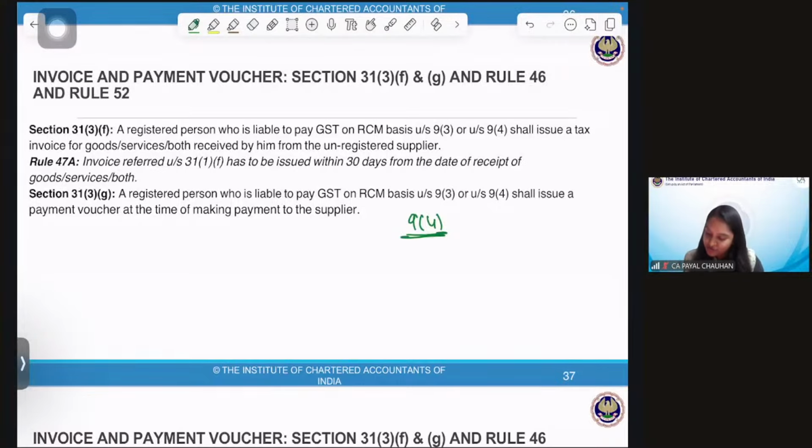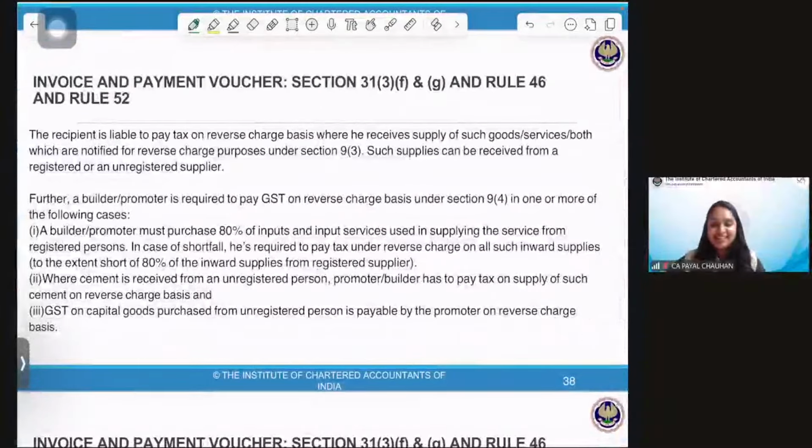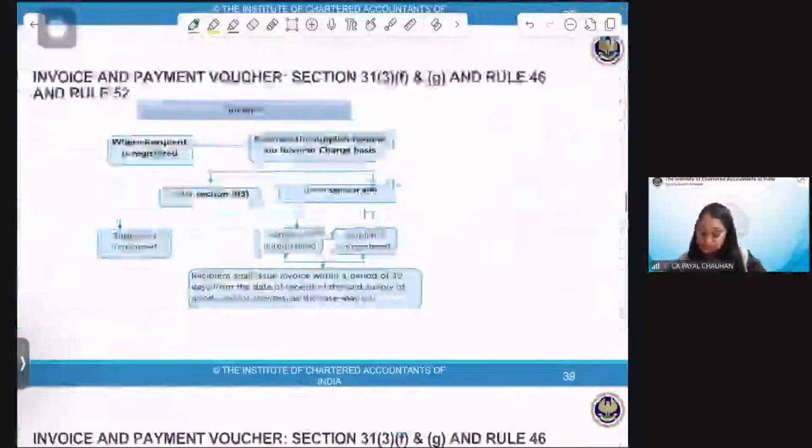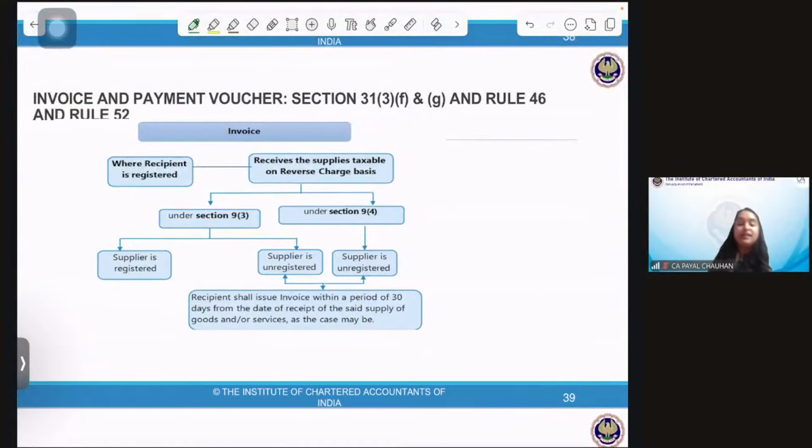In case of 9(4), is the invoice issued? If you don't remember, just go through this. Invoice and payment. Yes, 9(4).